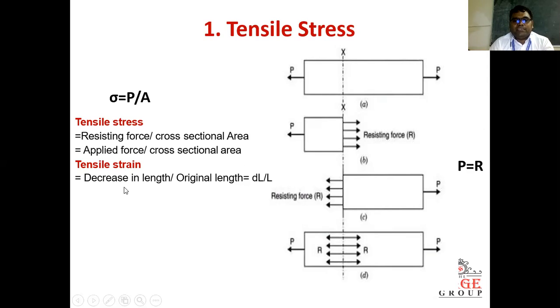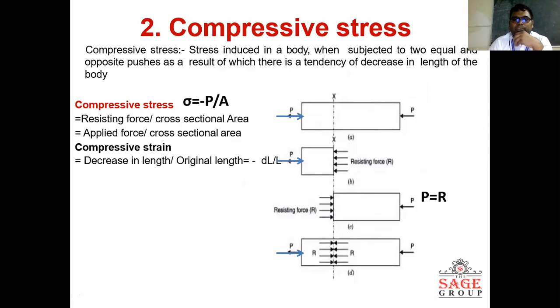Tensile strain is increase in length upon original length, there is a correction, so I will do that. It must be an increase in length because the load is tensile in nature, not compressive.